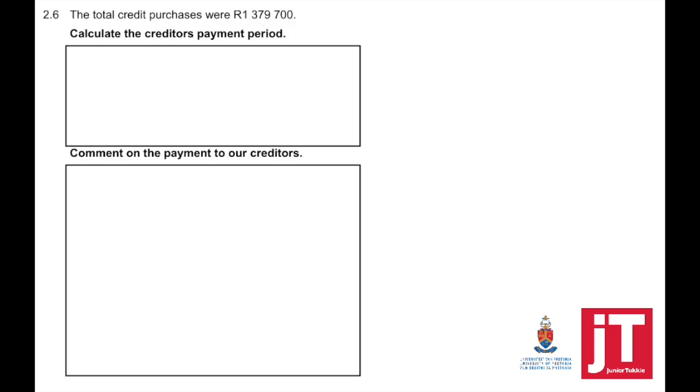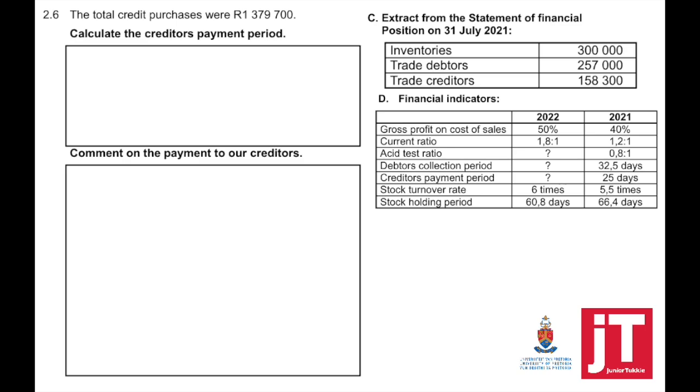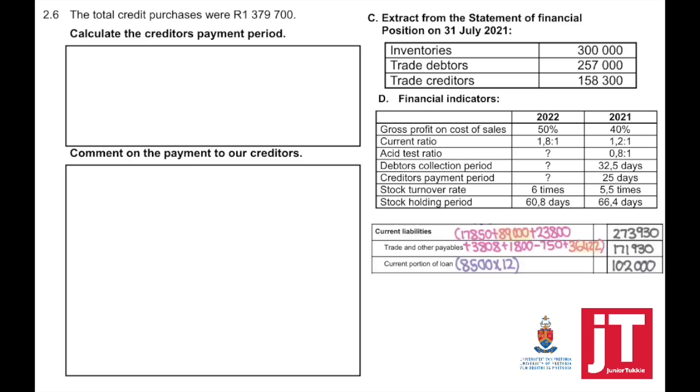Question 2.6. The total credit purchases were 1,379,700. Calculate the creditors payment period and comment on the payment to our creditors. So to work out the creditors payment period, we need to know what is our average creditors divided by credit purchases times 365.